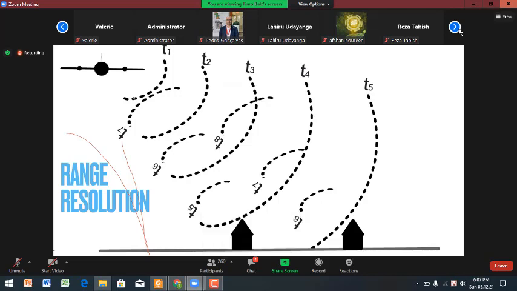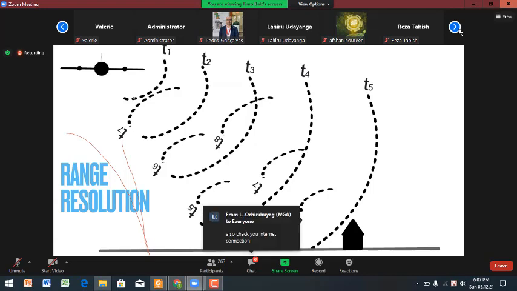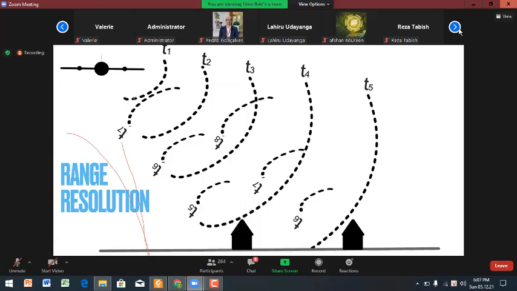We can measure the time so well that even though the signal is traveling at the speed of light, we can still use that to estimate distance very precisely. So we can also measure the travel time of the signal here very precisely.